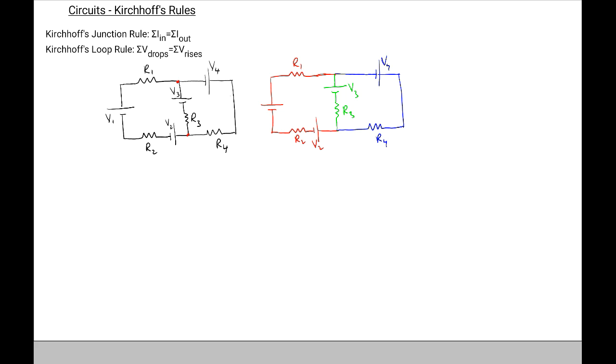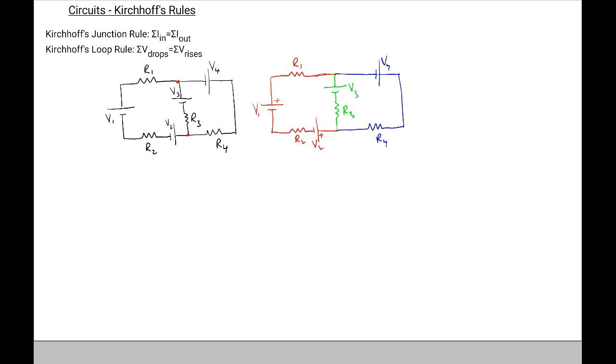So I was saying in an earlier video that I can tell what the direction of the current is based on whether we're starting out at a positive terminal on a battery. But in this red branch, for instance, battery 2, the current would want to go away from positive in this direction, whereas for battery 1, the current would want to go in the opposite direction.